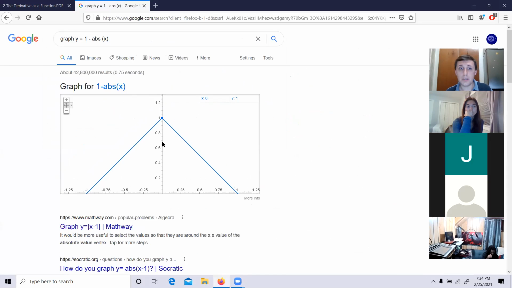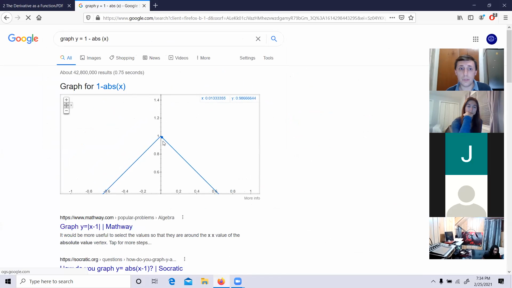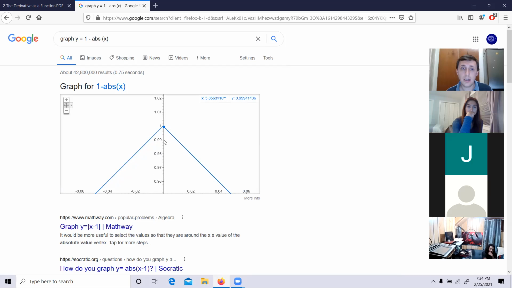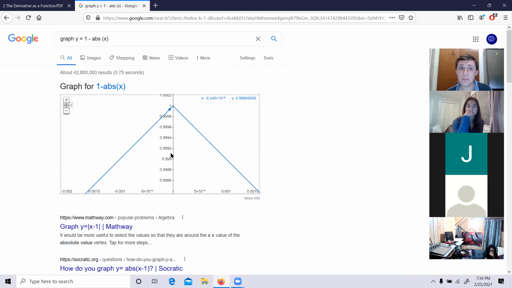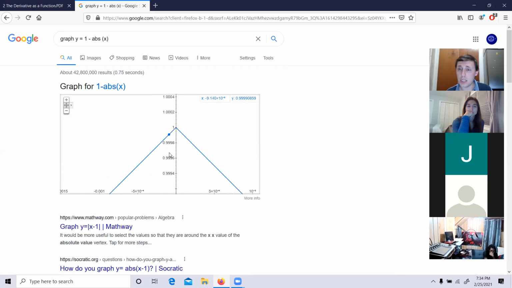You see that wedge? Now let me zoom in at this point. Do you see that no matter how much I zoom in, if I keep that point in the center, it will remain a wedge? Look at it. The picture doesn't change. Look at it, it's a huge zoom already. The picture doesn't change. You see what happened here?